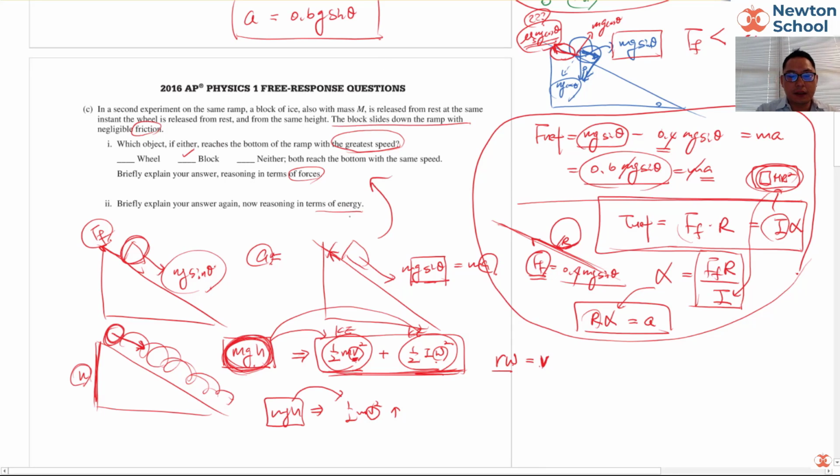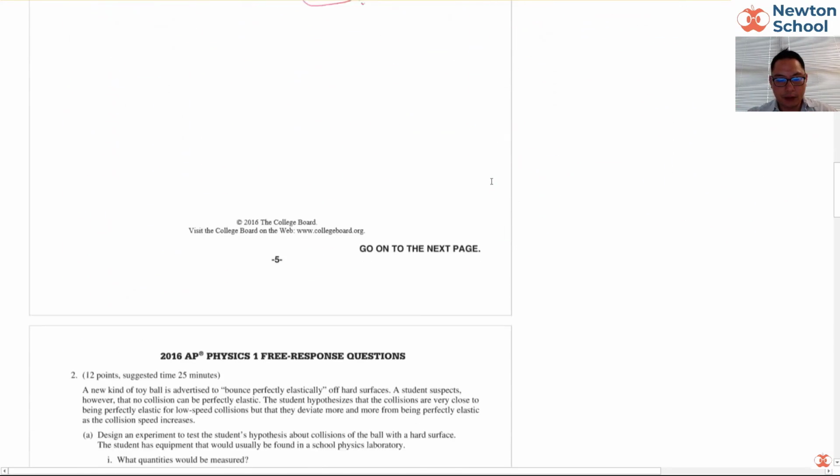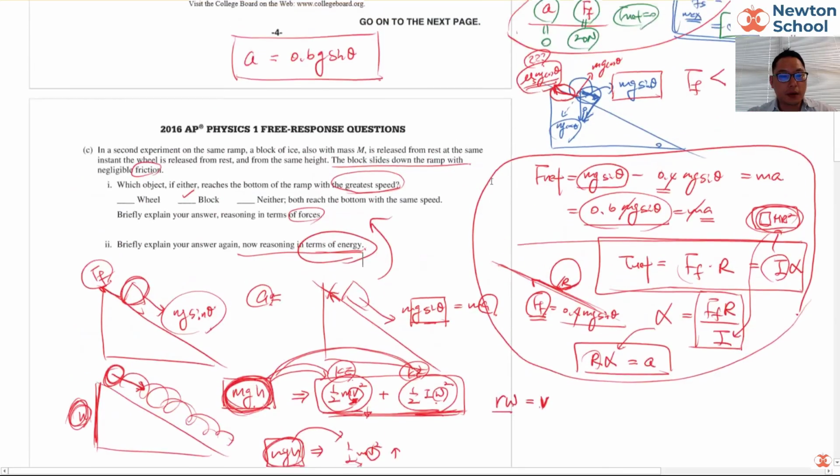So in terms of energy, you have gravitational potential going into translational kinetic or rotational kinetic. Since it is separated, this velocity will be smaller compared to when the total gravitational energy goes into translational kinetic energy. So that's the way you explain it in terms of energy, right? All right, that was number 1.